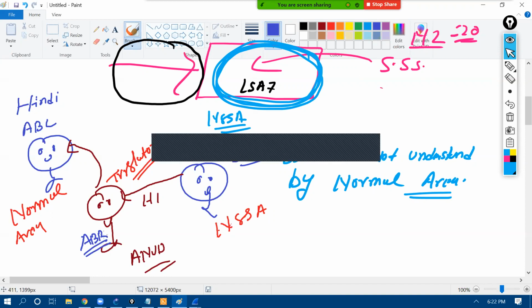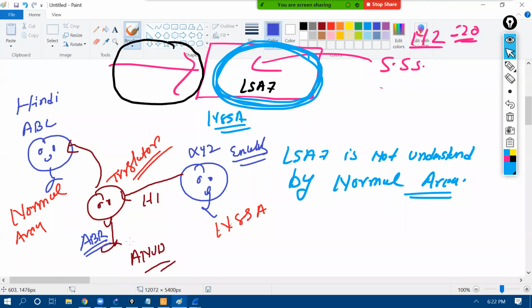So Anup is the ABR between ABC and XYZ. What is Anup going to do? Anup behaves like a translator. So I can translate this word to this guy, and I can translate from this word to this guy. The same thing is happening.